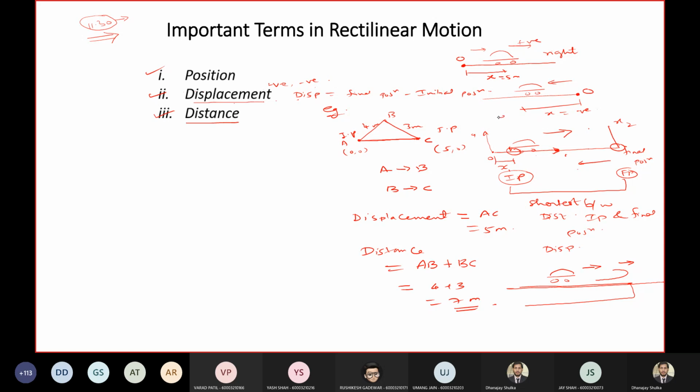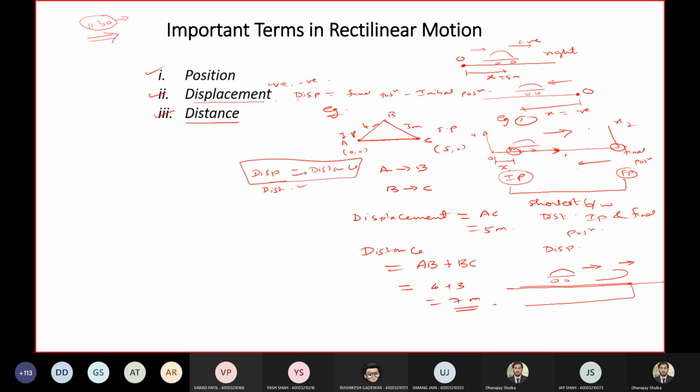In that case, tell me, in example number 1, displacement and distance will have the same value, can I say? Yes, equal. In that case, displacement and distance will be the same, right? Because it is not changing its direction.